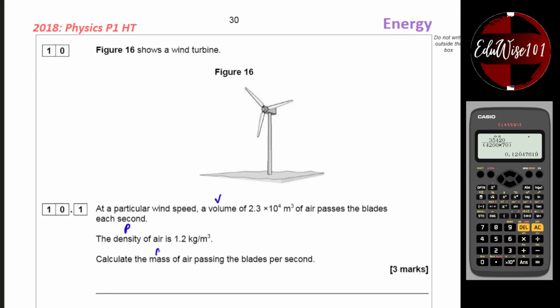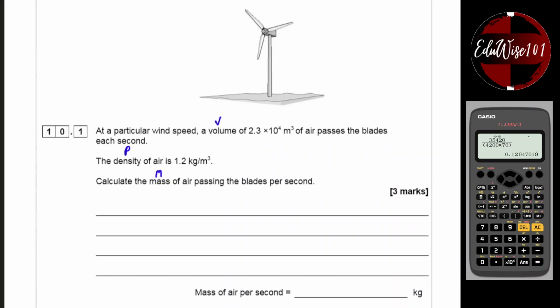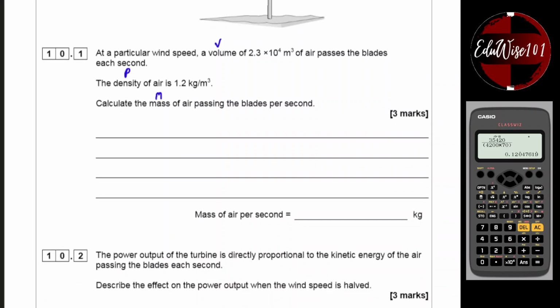Calculate the mass, m, of air passing the blades per second. So, using the equation for density, which is rho equals mass divided by the volume. So, if we rearrange it, mass equals the density multiplied by the volume.